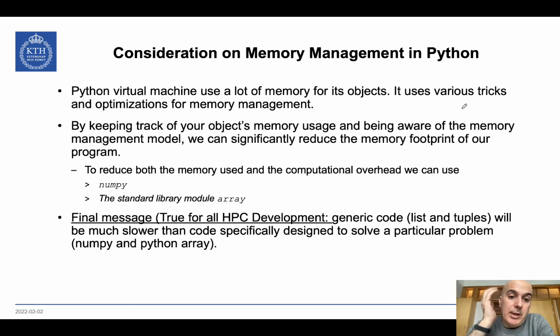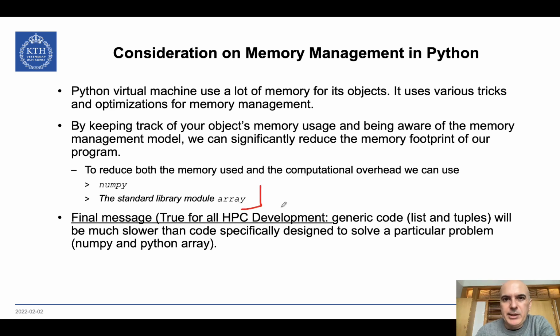To reduce both the memory used and the computational overhead, given for instance by allocation operations, we can also use more specialized packages like NumPy or the standard library module array.